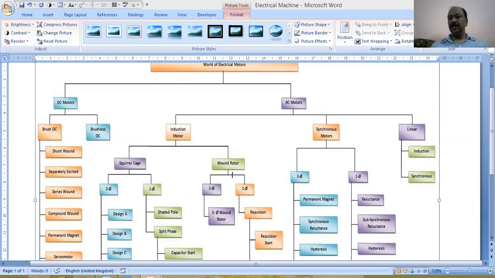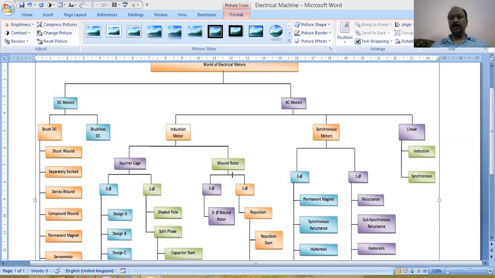The linear motor is the advanced version of all these DC motors and AC motors. If it is associated with the induction motor, it is called LIM, linear induction motor. LSM is the linear synchronous motor. All these machines, like DC motors, induction motors, or synchronous motors, are rotating machines.